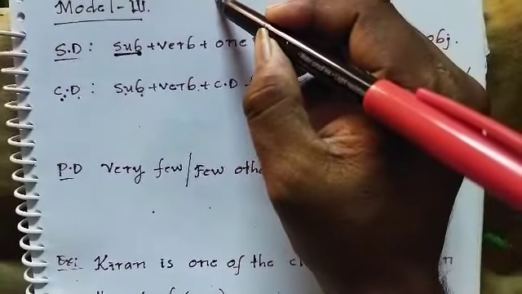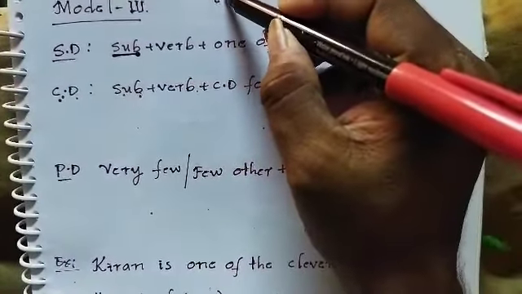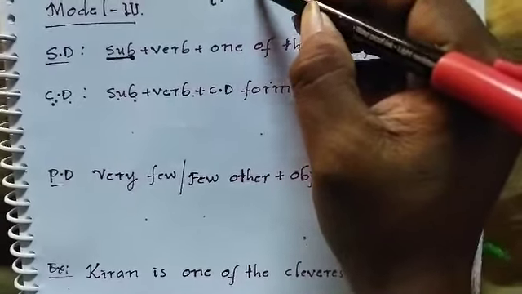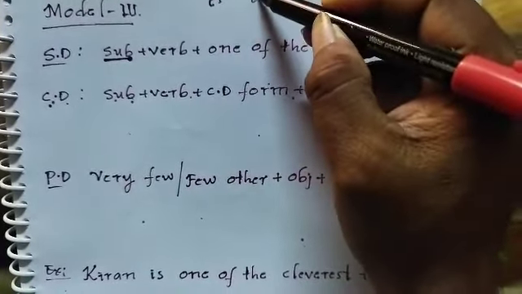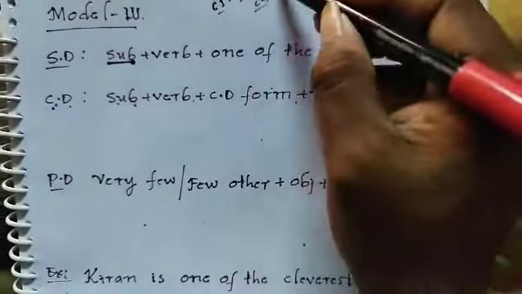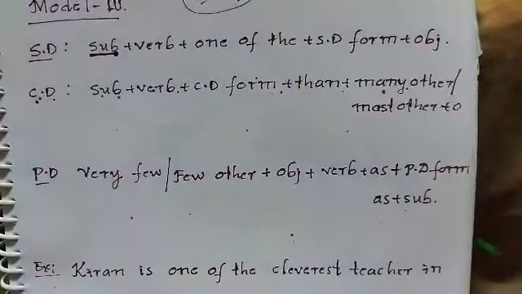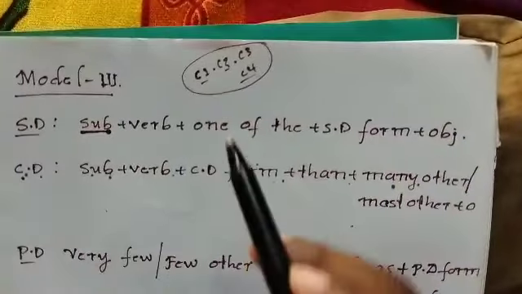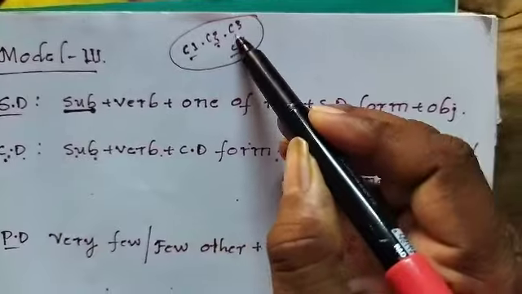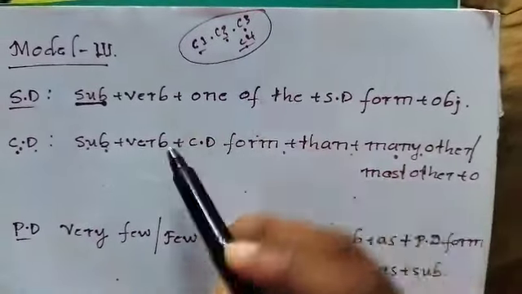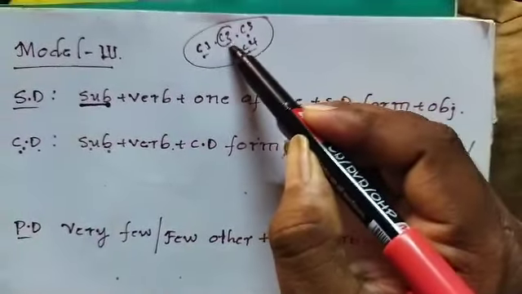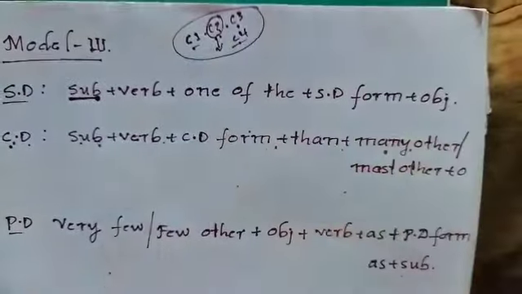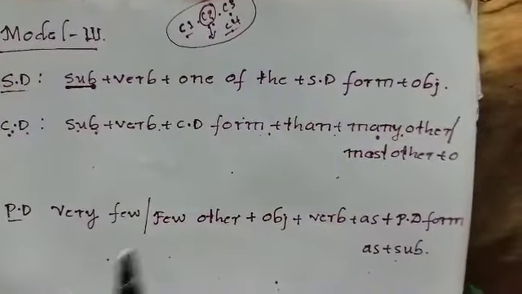Here many clevers are there: clever 1, clever 2, clever 3, clever 4, like that. These are all clever teachers, or clever students, or whatever. If you want to say about one person, clever 2, how can we say it? By using the Model 3 structure.